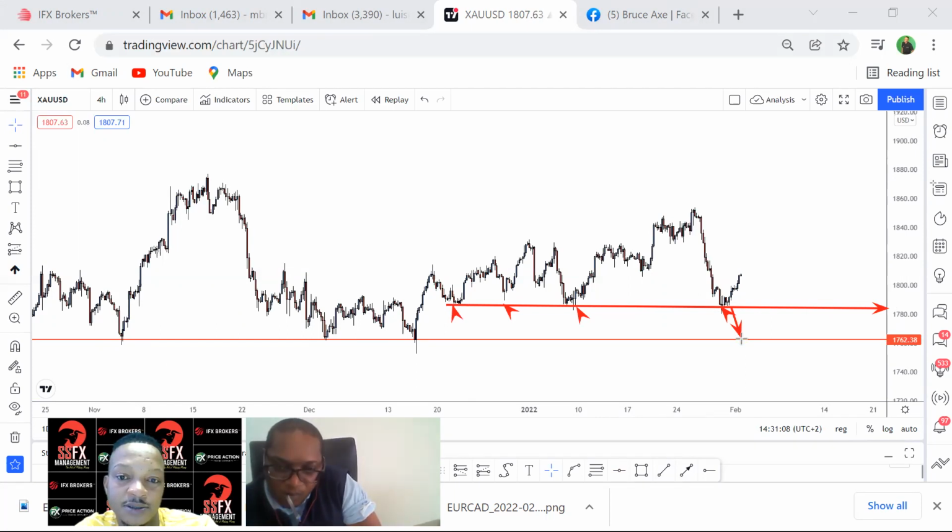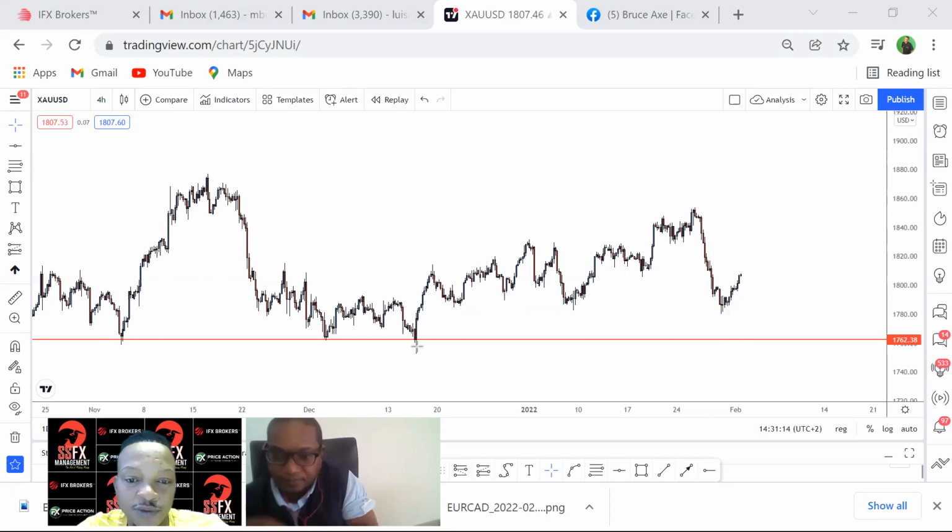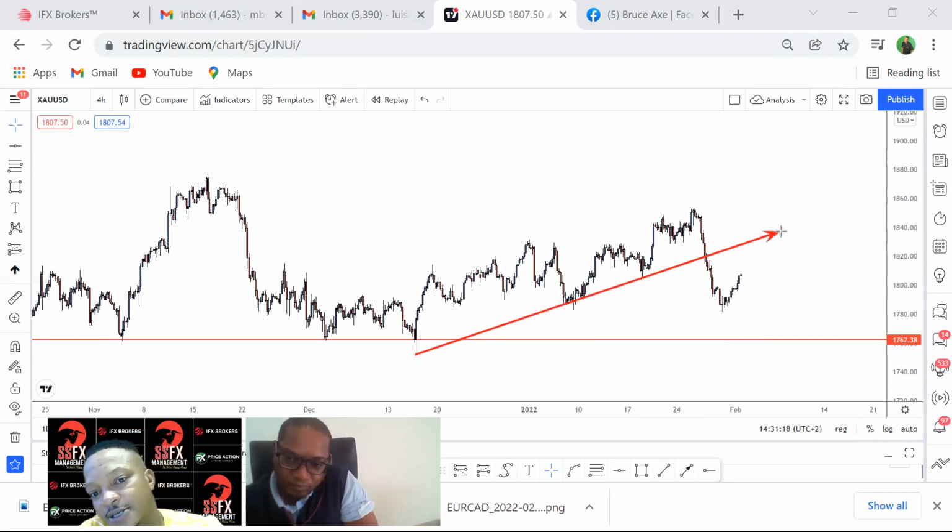Another thing, do you have a trend line? Yes, we do. If you draw from there to there, we do have a trend line. Look at this impulsive move.